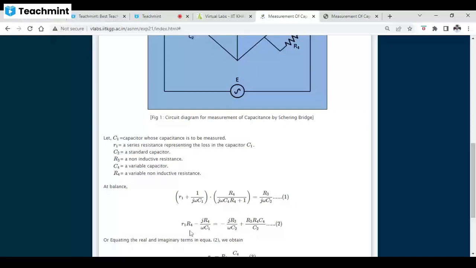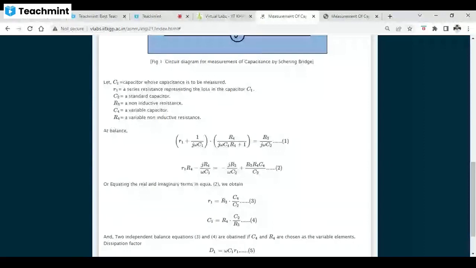The equation is R1 equals R4 C4 by C2, and C1 equals R4 C2 by R3. C4 is obtained, and R4 is chosen as the variable element.